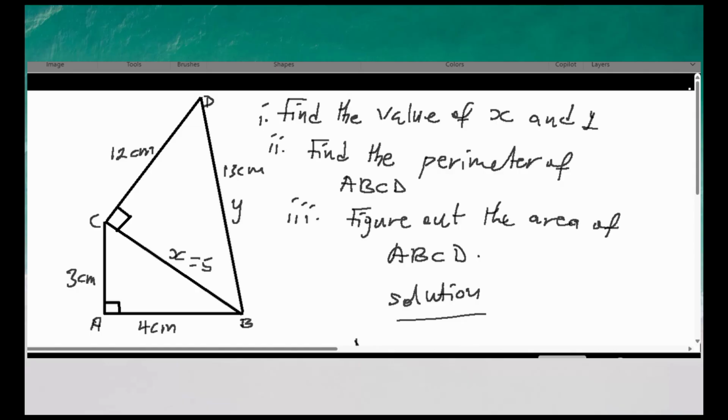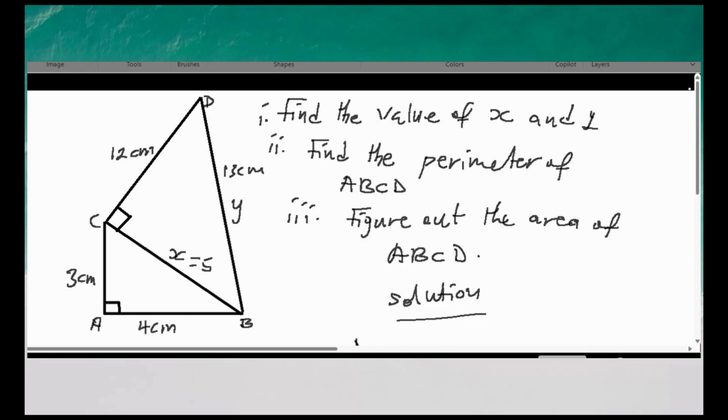After that, we find the area of triangle BCD. Then we add them to get the total area of ABCD, right? So the formula for finding the area of a triangle is what? Half base times height. And for triangle ABC, our base is what? 4 centimeters, and our height is 3 centimeters.